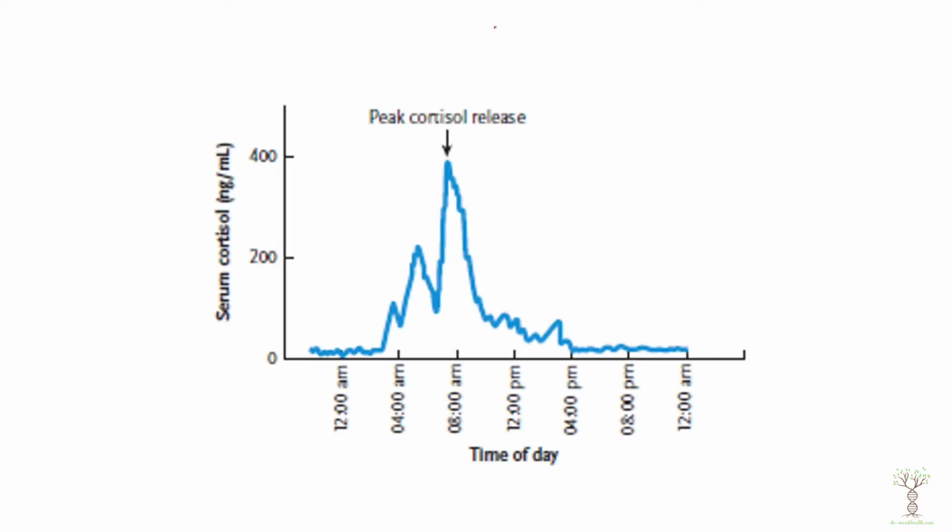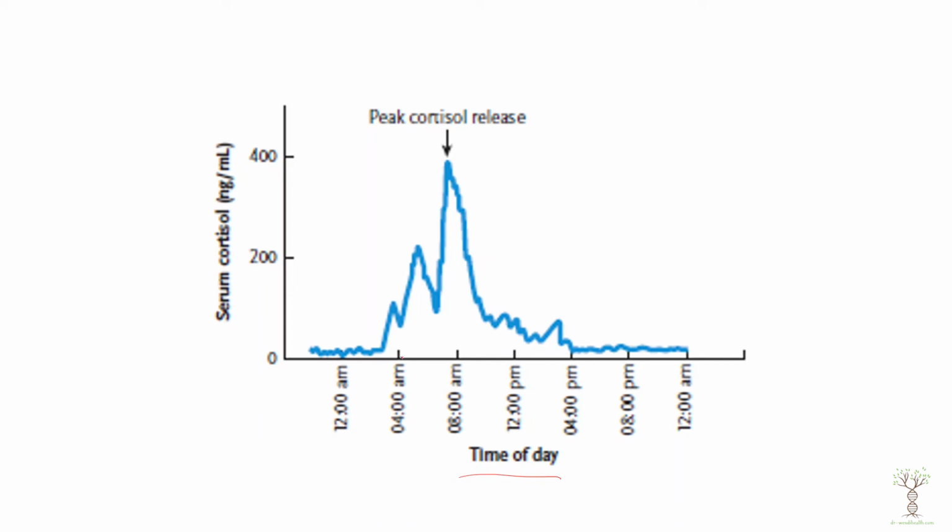Now, the last thing that I want to mention about cortisol is that it actually has a 24-hour cycle of secretion. We make more cortisol in the morning and less cortisol later in the day, late afternoon, evening. So depending on your sleeping pattern, this is assuming that you sleep at night and wake up in the morning.